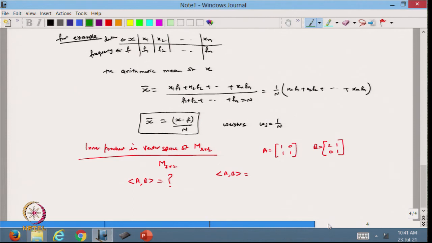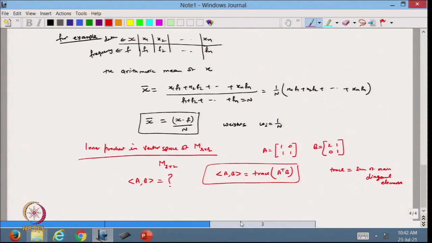So, I take the idea from here and define the inner product of A and B as the trace of A transpose B. We know that the trace of a matrix is the sum of the main diagonal elements. So, I am defining the inner product in this way.